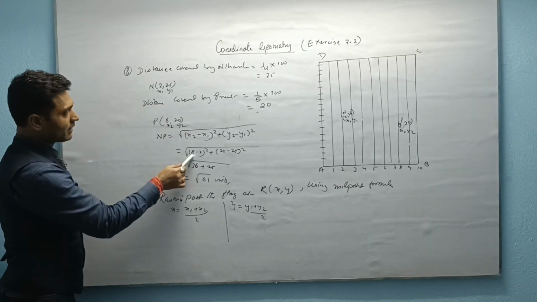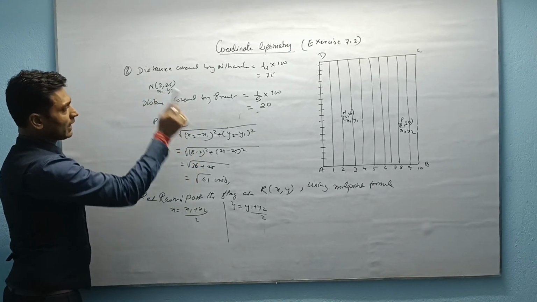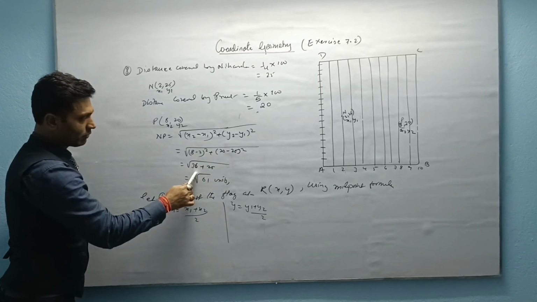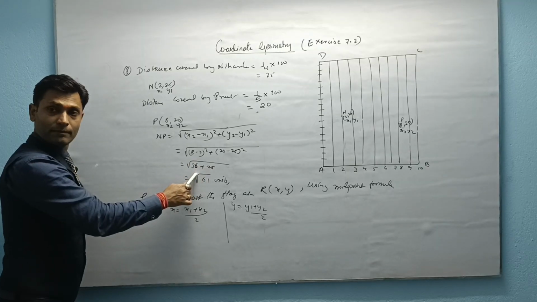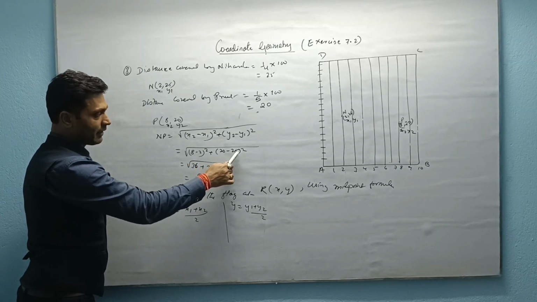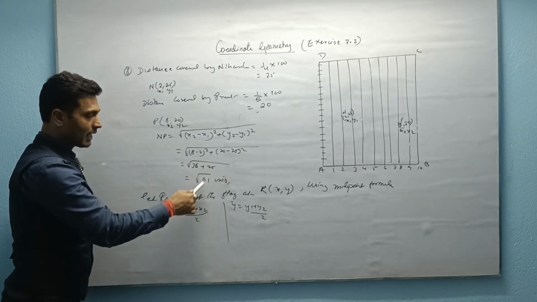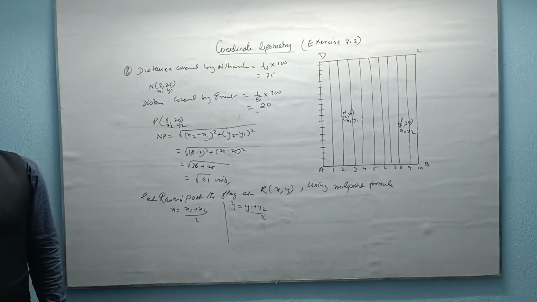X2 is 8, x1 is 2, y2 is 20 and y1 is 25. So 8 minus 2 is 6, 6 square is 36. Here 20 minus 25 is minus 5, minus 5 square is 25. So when you add this, you get root over 61 units.